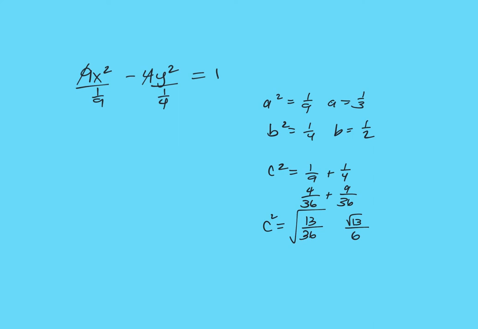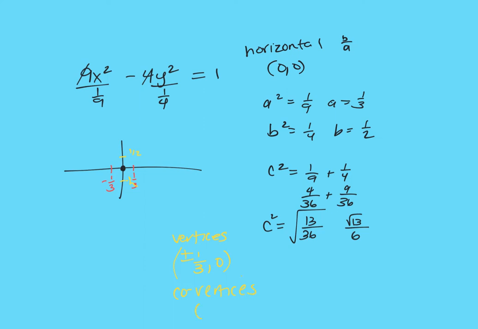And then because it's x squared first, it's horizontal. 0, 0. Horizontal is your b over a. So then I would start at 0, 0. I would go right and left the a, which is 1/3, up and down the b, which is 1/2. So vertices plus and minus 1/3, 0. Co-vertices 0, plus and minus 1/2.